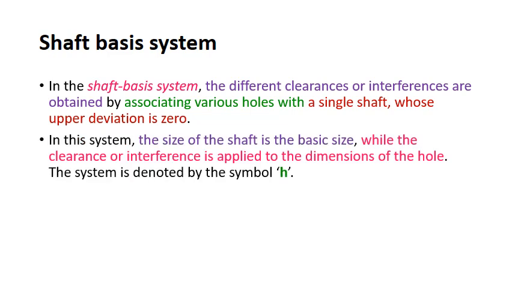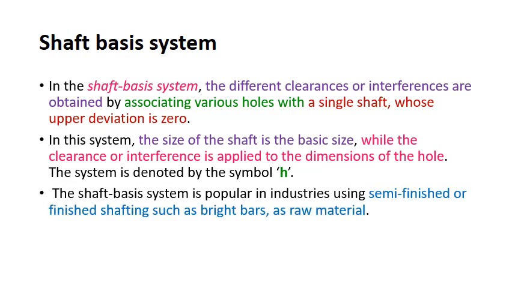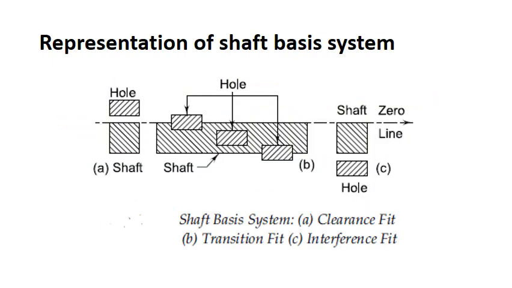The size of the shaft is the basic size, and it is denoted by lowercase h. This is basically used in industries for semi-finished or finished shafting, right? This is the way we represent the different types of fits in the shaft basis system.